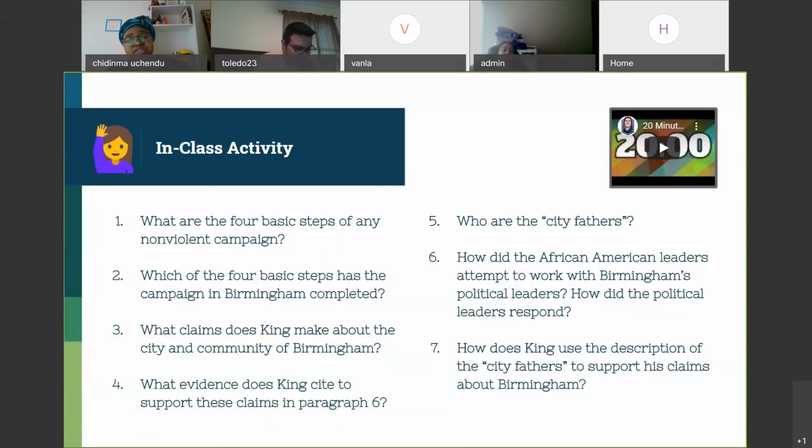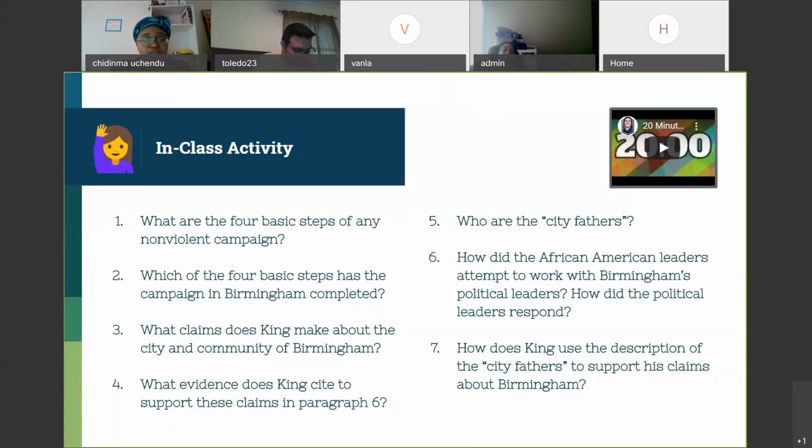And she also mentioned that Negroes were treated badly without anything really happening to those people that did those bad acts, okay? So we have to figure out, well, what evidence supports that? Yeah, so that's paragraph 6. Questions 5, 6, and 7 we will get when we read the other paragraphs, okay? So let's talk about question number 4.